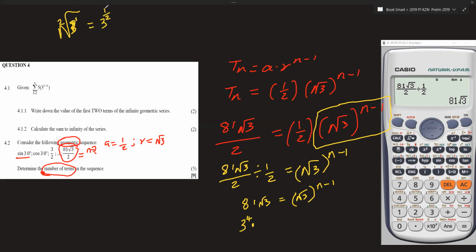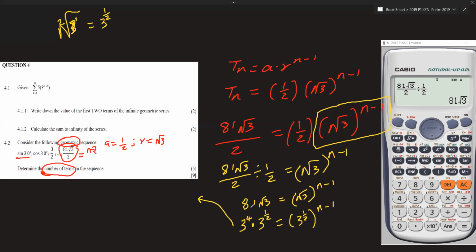So the inside exponent goes at the top, the outside root goes at the bottom. So this can be written as 3 to the power half, and this was also 3 to the power half, n minus 1, right?